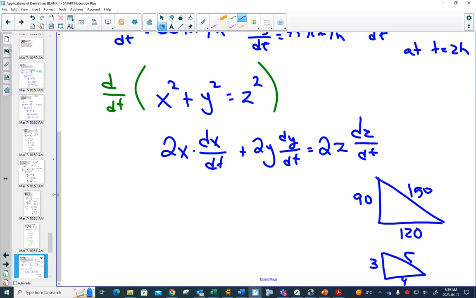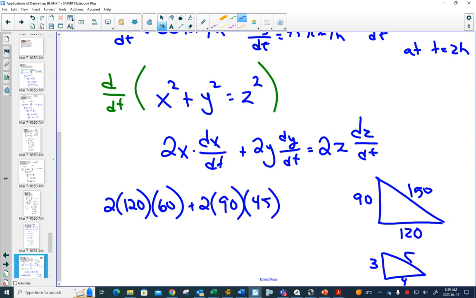And now we can plug in all of our information. We know that the x is 120, and dx/dt was 60. Y is 90, and dy/dt was 45. And z is 150. And we want to solve for dz/dt. Yes. Isn't it 150? Yes, it's 150.